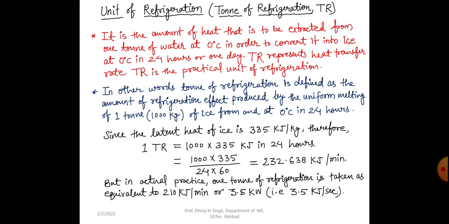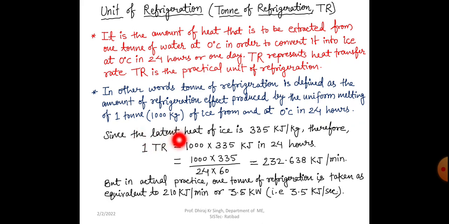We have to give that much heat to that ice cube so that it converts completely into water at 0 degree Celsius in 24 hours. Or vice versa, if we have 1000 kilogram of water, then we have to extract that much amount of heat from that 1000 kilogram of water at 0 degree Celsius in 24 hours that it gets converted into ice.